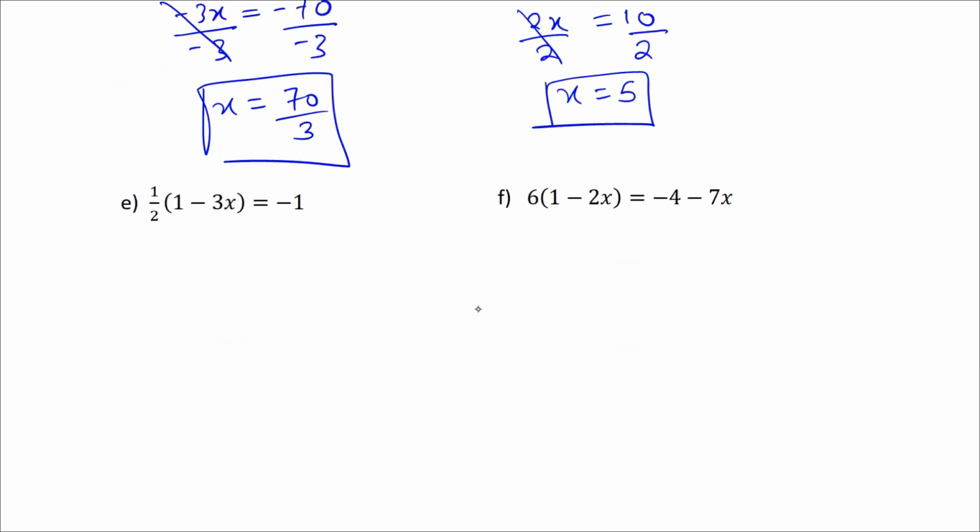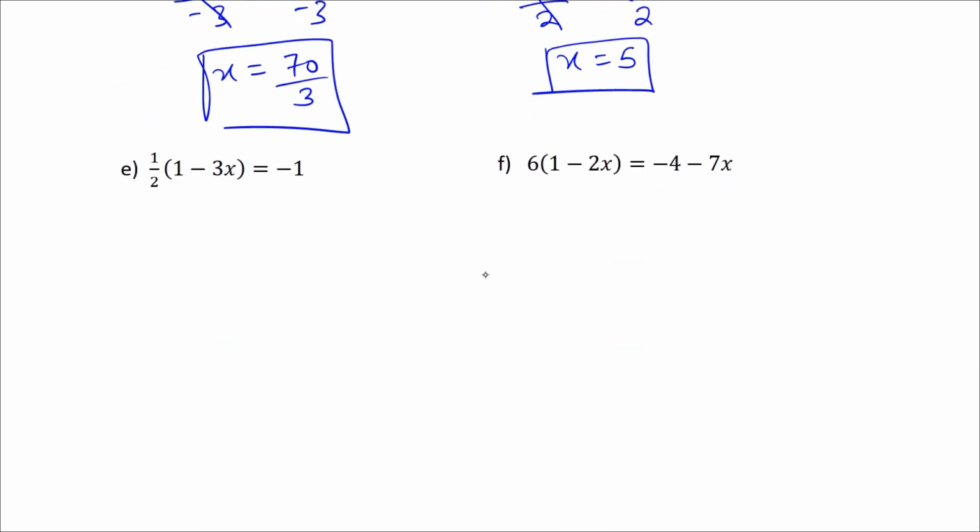Okay, next question. Here we have a half multiplied by 1 minus 3x is equal to negative 1. Now, the first thing is to get rid of this half. And to do that, the opposite of dividing by 2 is multiplying by 2. So multiply by 2 on both sides. A half of 2 is 1, so that cancels.